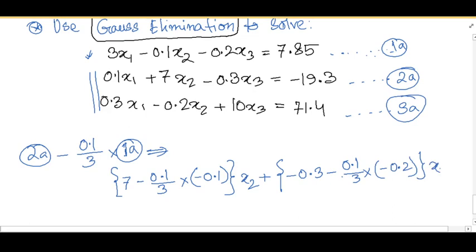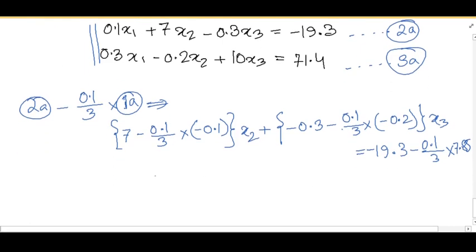As you can see, this is x3, which equals 7.85. The application will be on this part as well, so there will be minus 19.3 minus 0.1 by 3 multiplied by 7.85. Okay.